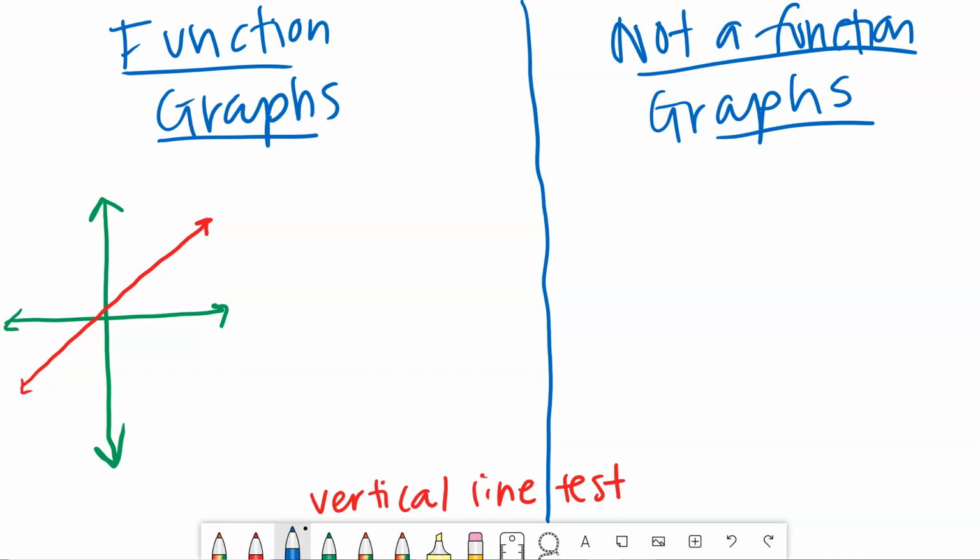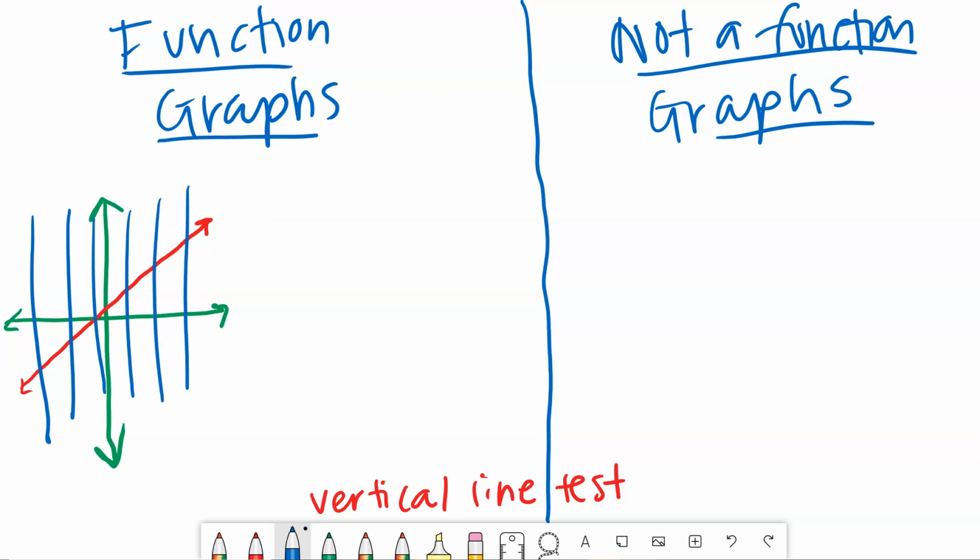So I'm going to do it in blue. Just lines, lines, up and down. Now, for you to know if an x is repeating, those vertical lines that you draw must only touch the line one time. This one touches one time, this one, this one, this one.